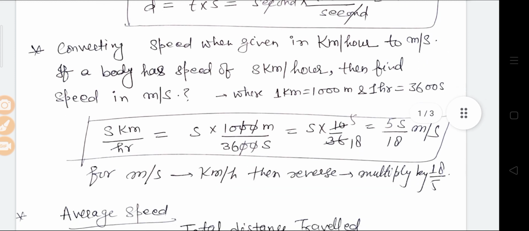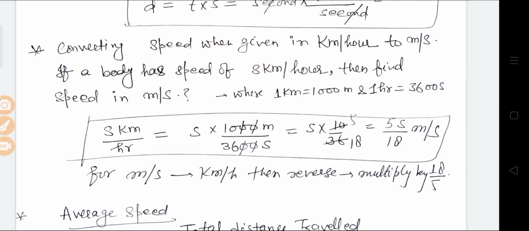If the velocity is s kilometer per hour, how much will it be in meter per second? Here s into 1000 meter upon 3600 second, so s into 5 by 18 meter per second.